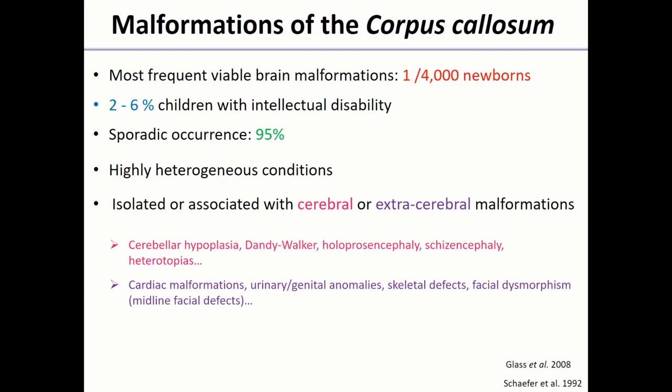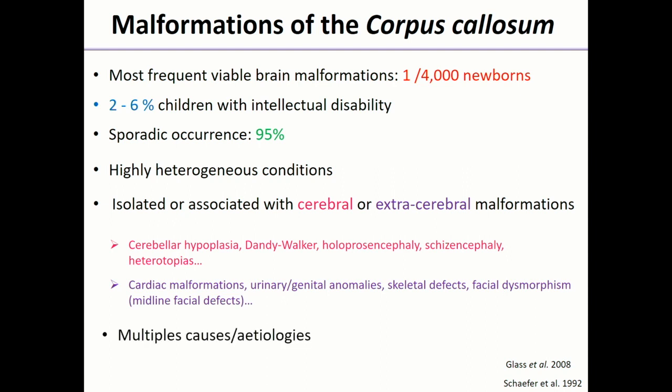Among the cerebral malformations, the more frequent ones are cerebellar hypoplasia, Dandy Walker, holoprosencephaly, schizencephaly, lissencephaly, heterotopia, and so on. Among the extracerebral malformations, you have cardiac malformation, anomalies of the urinary genital tract, skeletal defects, facial dysmorphism, and it's just a short list.